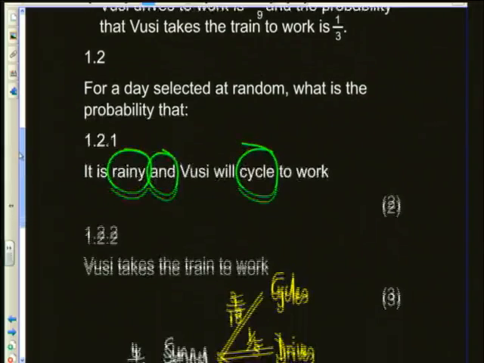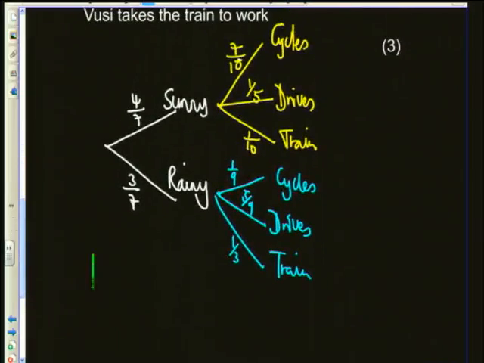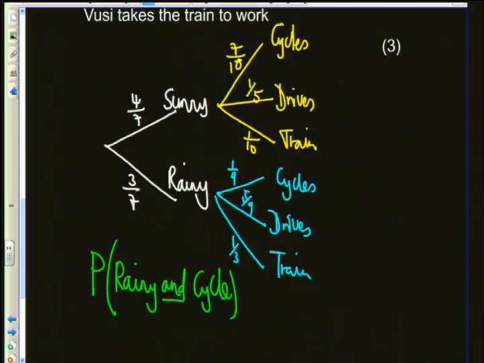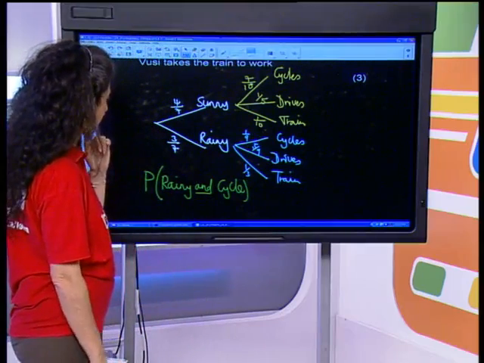So let's go to our tree diagram and let's just put that down. What is the probability, we use capital P, for a rainy day and a cyclist, and Vusi the cyclist? Which I think it's a little bit crazy, but anyway, he thinks that he can cycle in the rain. So what is the probability of that happening?